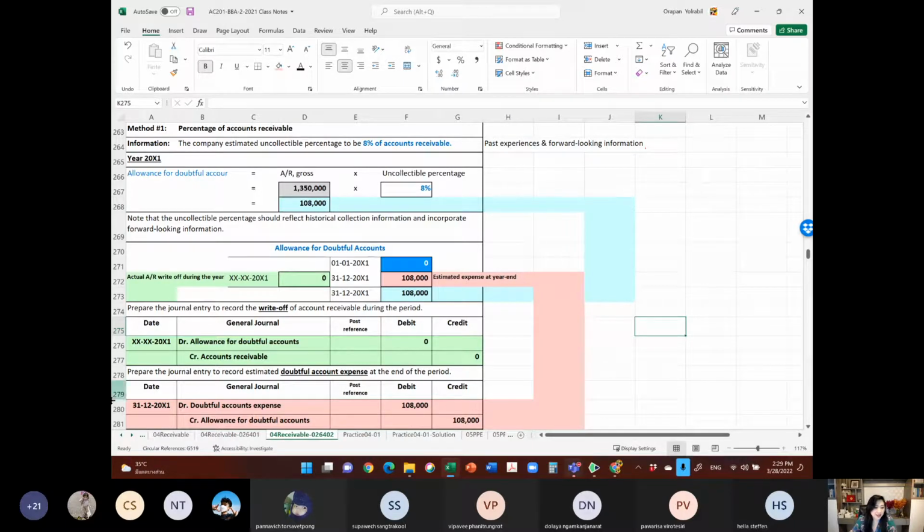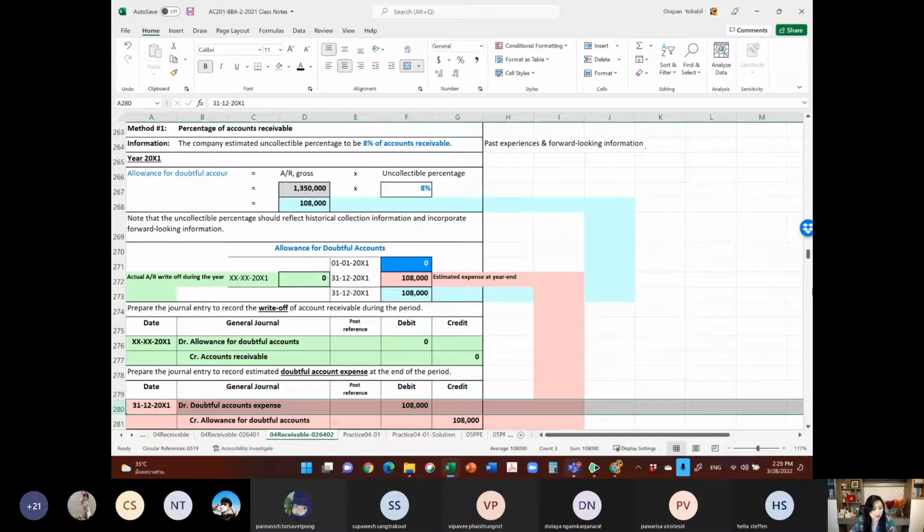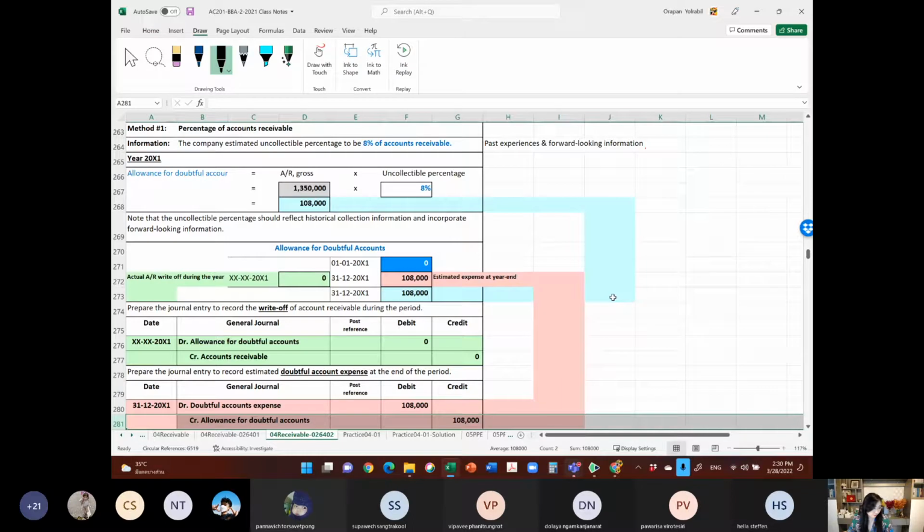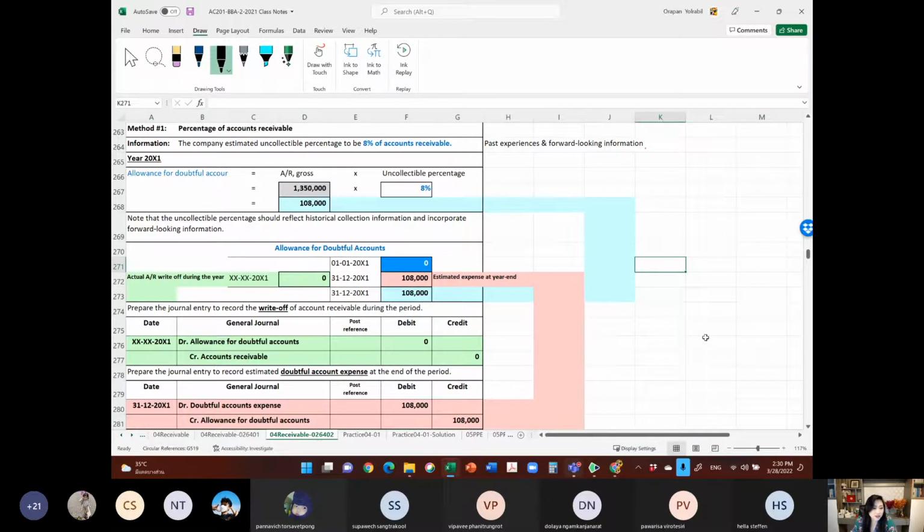For the estimated expense that you have to record at the end of the year, it's debit to doubtful account expense or expected credit loss, and then record credit to the allowance for doubtful account or the allowance for credit loss. All right, so any questions here for the calculation and the recording?